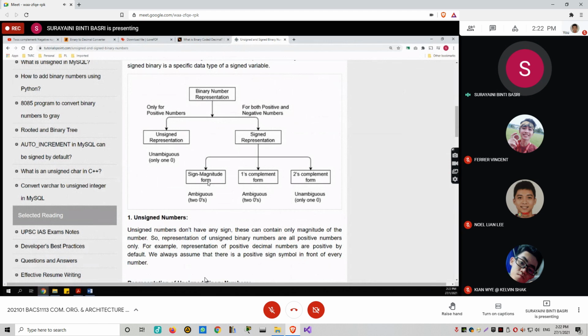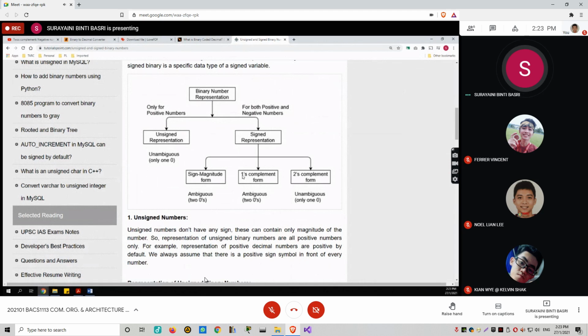We will learn this later. But this method can still produce an ambiguous result, because it produces both negative and positive 0. I will delve into the detail later.